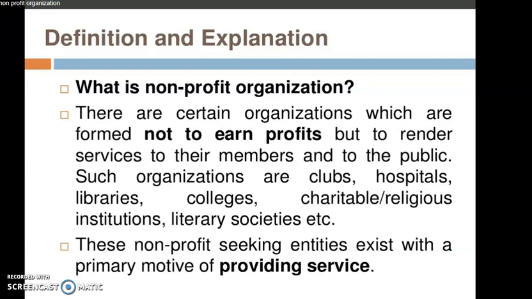Such organizations are clubs, hospitals, libraries, colleges, charitable or religious institutions, literary societies, etc. These non-profit seeking entities exist with the primary motive of providing services only.